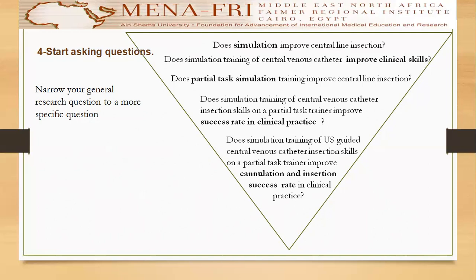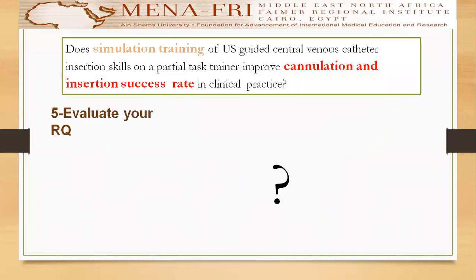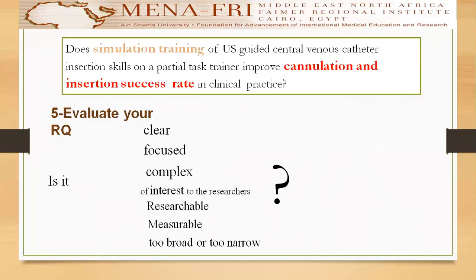So I narrow, I get it more specific. And at the end, I will evaluate my research question. Is it clear? Yes, it's clear. I know what I will do. Focused? Yes, it is focused and specific. Complex? It's complex.